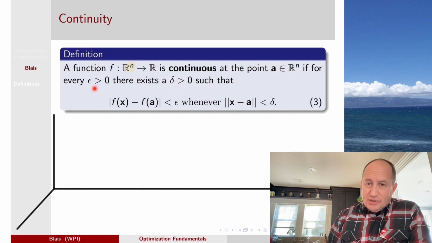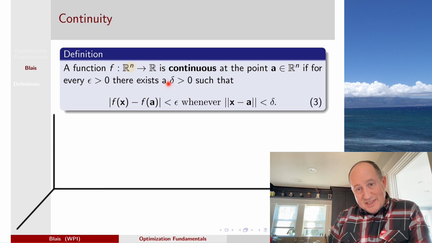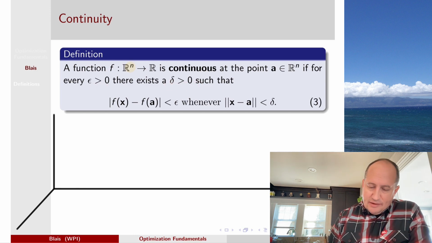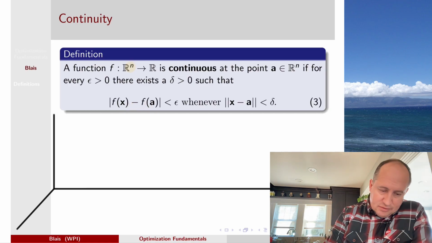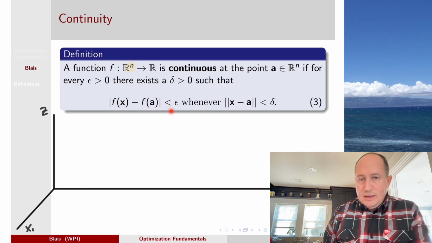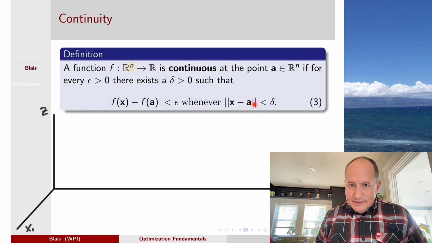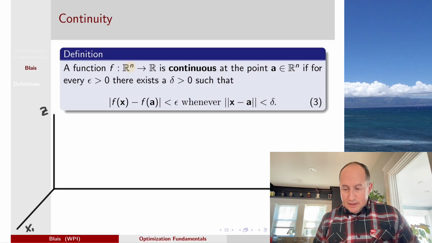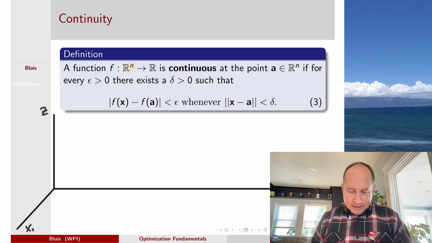And here is our definition, and it's very similar. For every epsilon greater than 0, there exists a delta greater than 0 such that the distance on the z-axis, we're going to do this in 3D just to try and understand it here, between f of x and f of a is less than epsilon whenever the distance down here in the domain, in the plane, is less than delta.